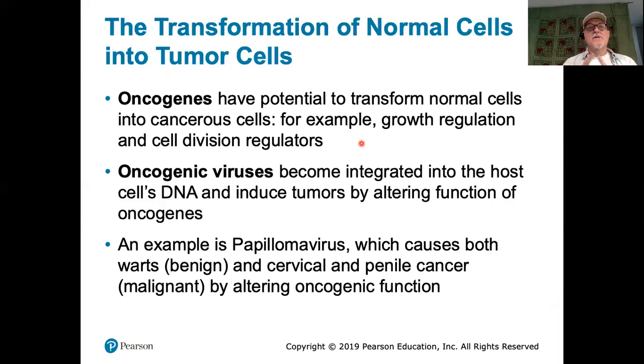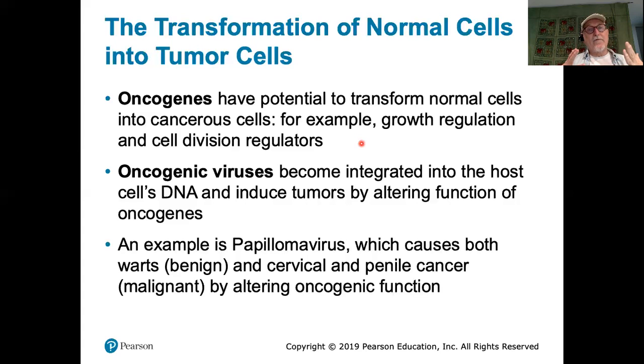That is a typical situation where a virus has inserted near or into a regulatory gene and switches it on permanently. That cell now loses all its division control. It now begins to reproduce constantly. It reproduces over and over and over. And this is typical, for example, of things like the papillomaviruses.